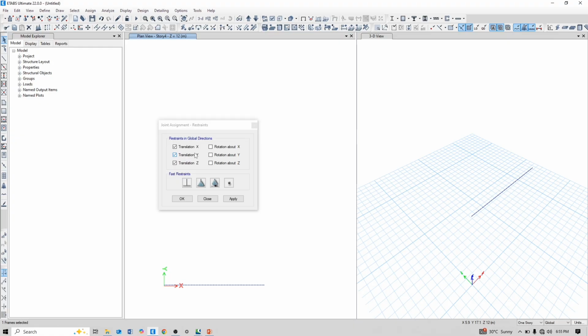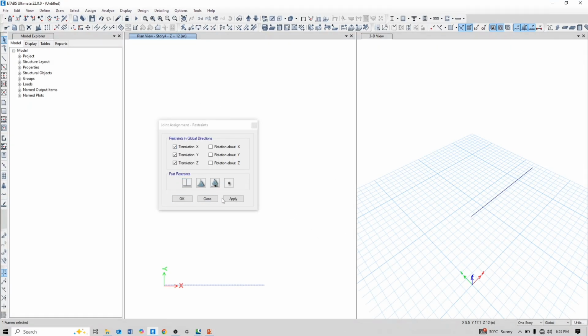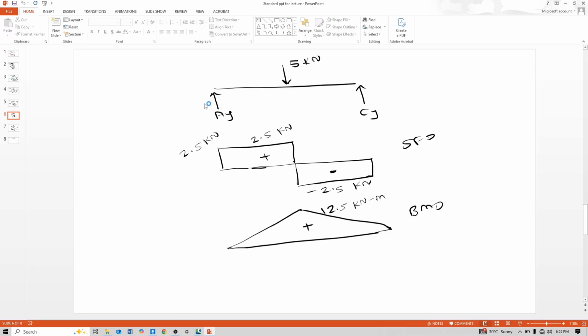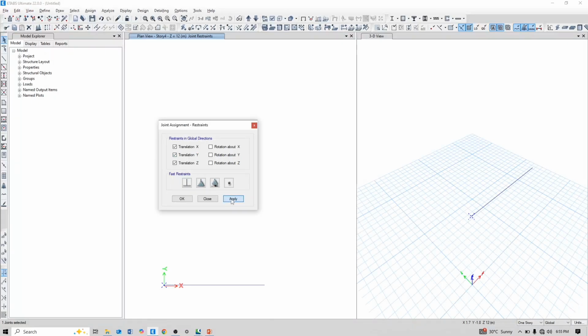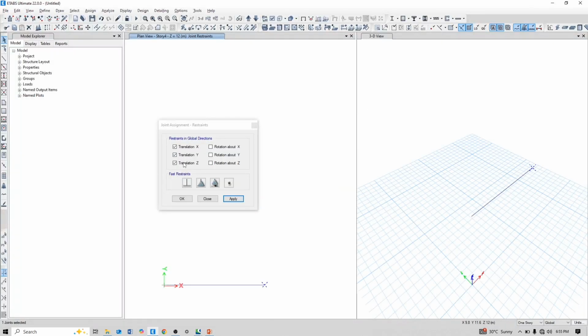Our beam is restrained here at point A in X and Y direction, but here restrain in XYZ. So restrain, select point, this is our A point, select, and this is C point also Y restrain. So restrain it like this in XYZ.